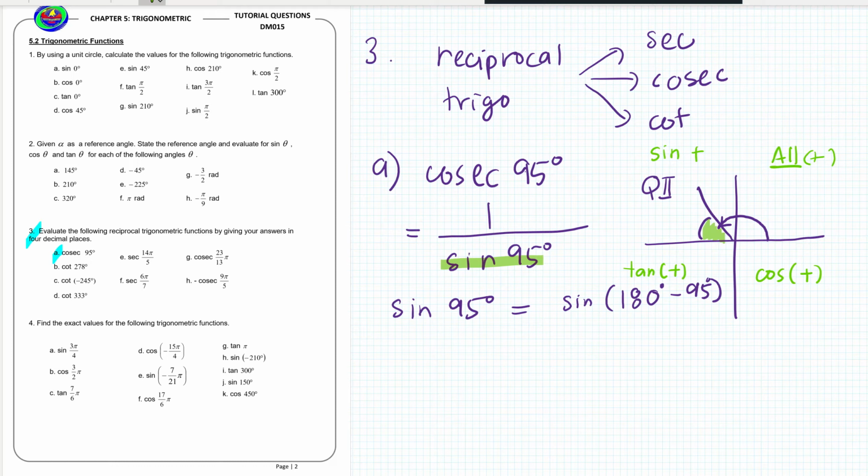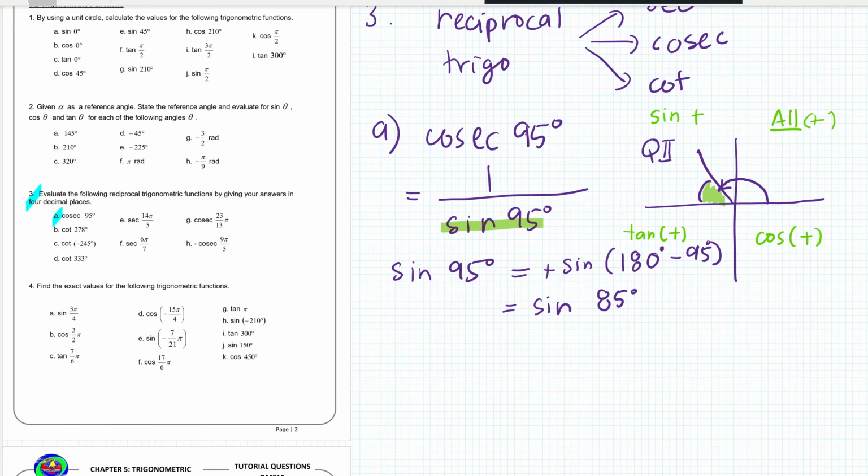Sometimes we refer to that as "add sugar to coffee". For the second quadrant the sign is positive, so it doesn't change anything. So we have sine of 180 minus 95, which is sine 85.